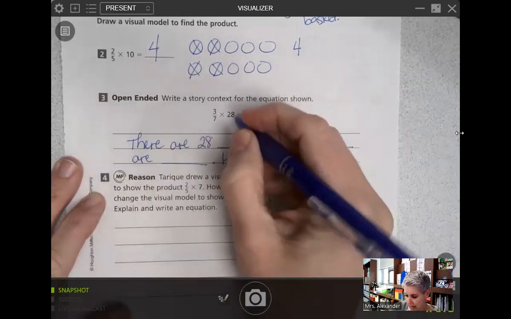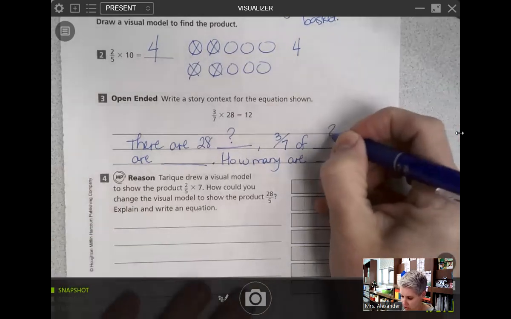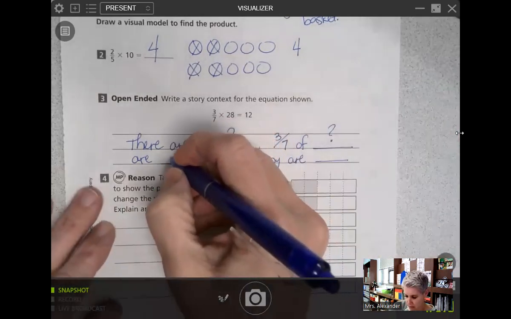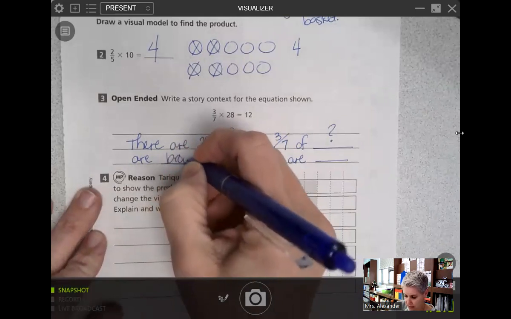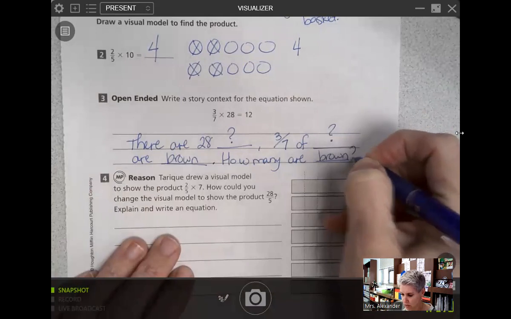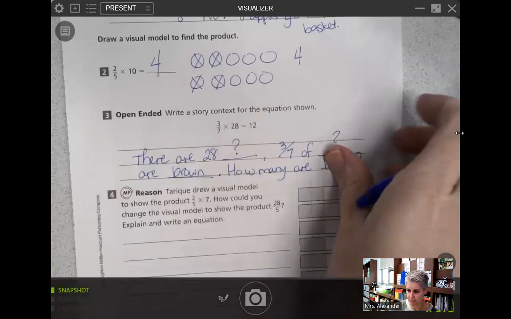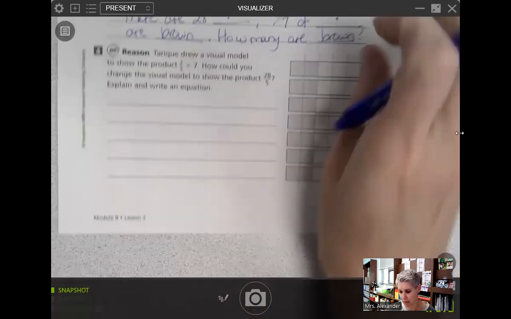So there are 28 question marks. 3/7 of the question marks are brown. I'll just go with that since that's what I used. How many are brown? So you could really have any situation here. 28 representing the whole number, and then 3/7 of that 28. Okay, lots of answers there that you could come up with.